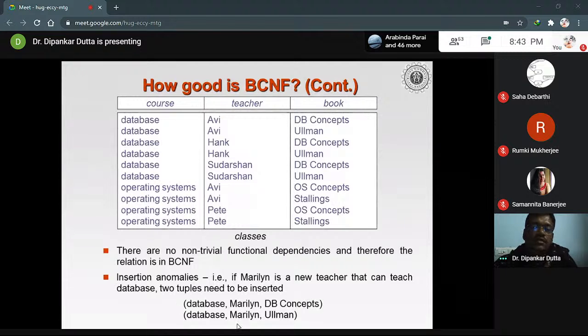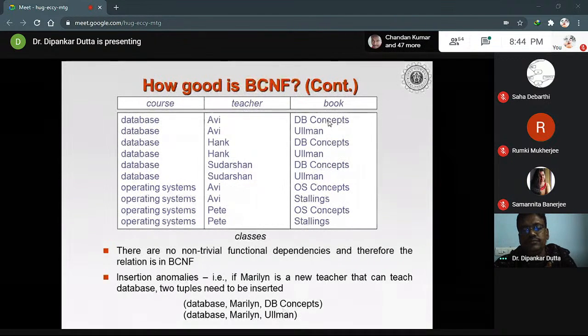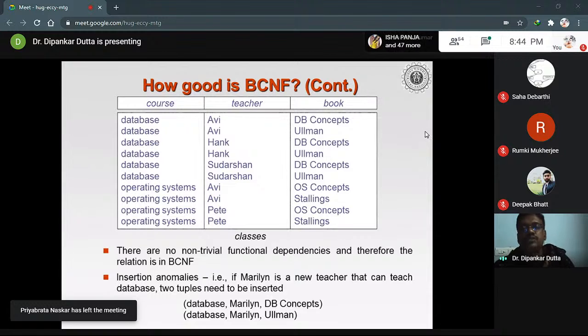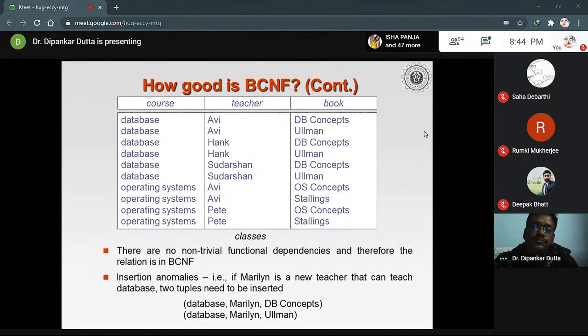So insertion anomalies are there. For every teacher, say Avi, two tuples are there, due to the names of two books. If there are three books, then we have to insert three tuples for every teacher. So insertion anomaly is there.